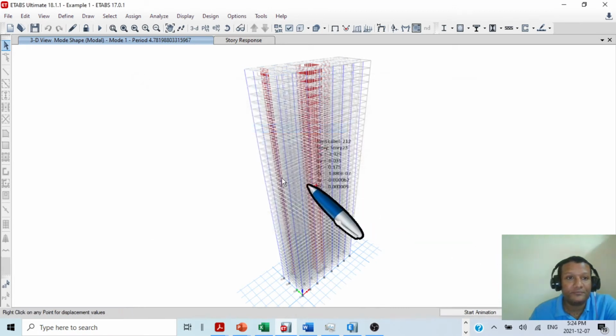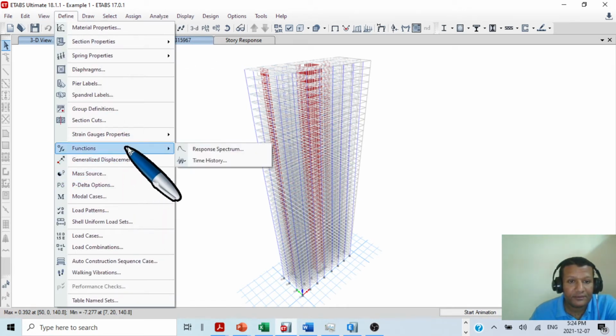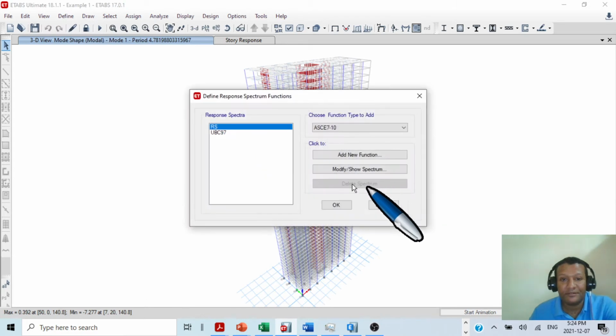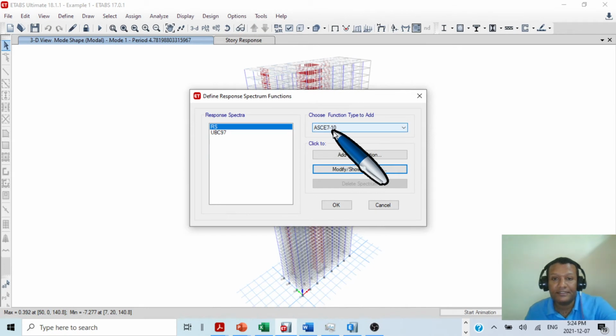Let's cancel it. And the response spectrum, define function response spectrum. RS is defined already. Modify show. As you can see, this is the response spectrum for 5% damping ratio. This is the response spectrum as per ASCE 7 is used.